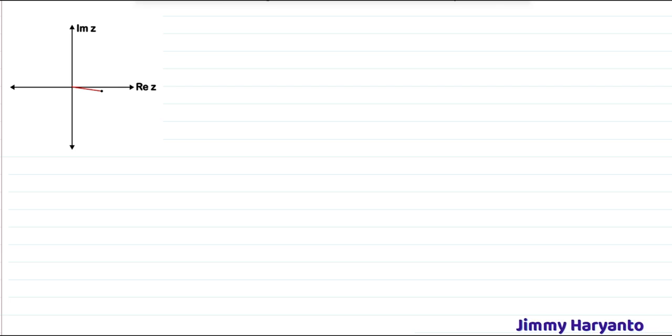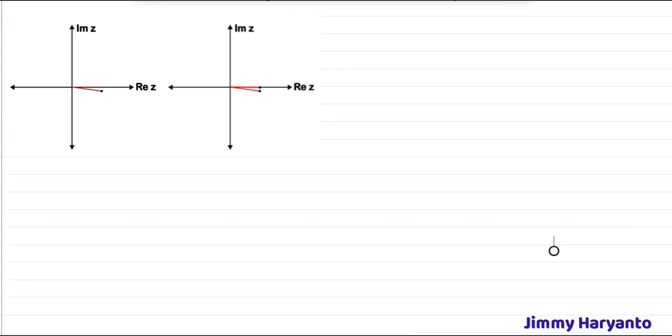Okay, let's start with a point with the coordinate a plus bi, and the modulus is r. Because the modulus is always the same, which is r, and the argument varies, that means this point will be moving like this.